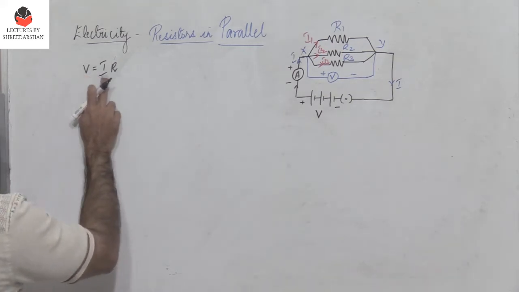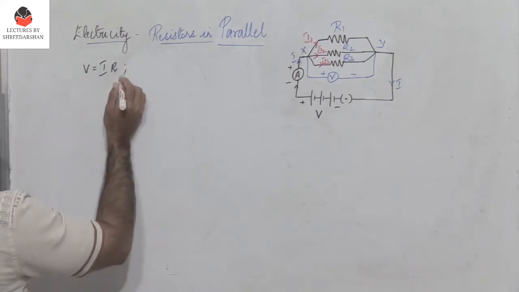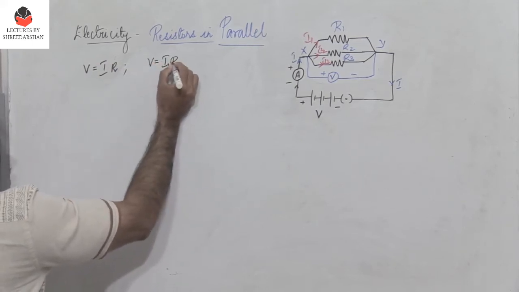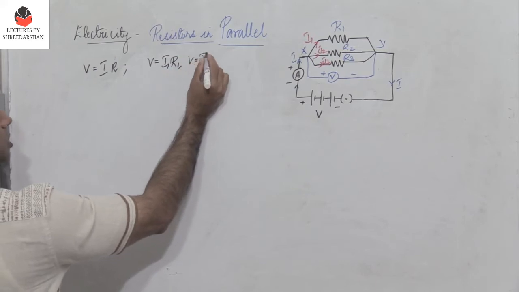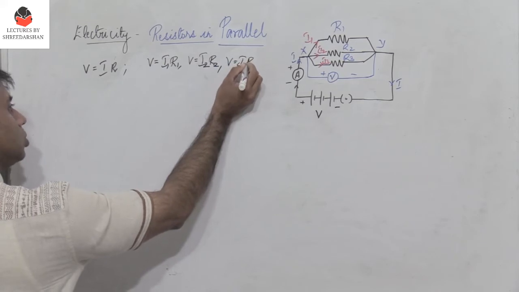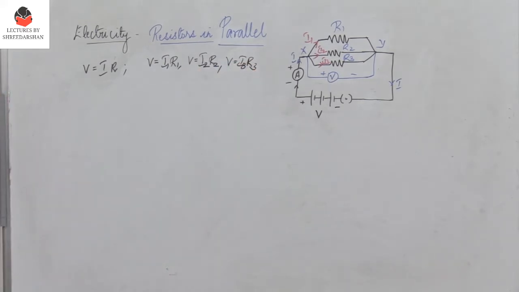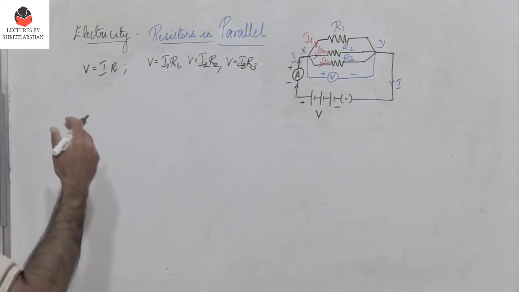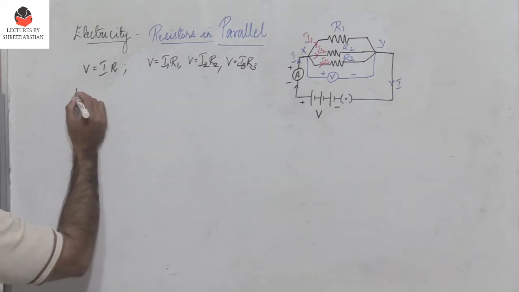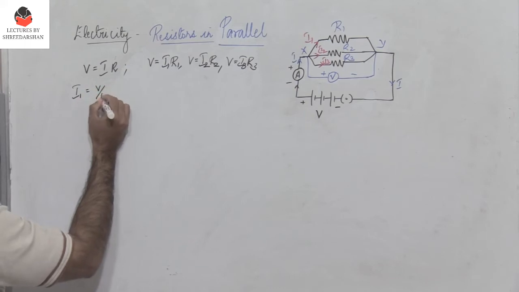Now we know that V equals I into R. This is the general expression, but here V equals I1 into R1. Similarly, V equals I2 into R2 and V equals I3 into R3. And what is constant? Voltage is constant across all the three resistors R1, R2 and R3. So now we know that I1 equals V by R1.